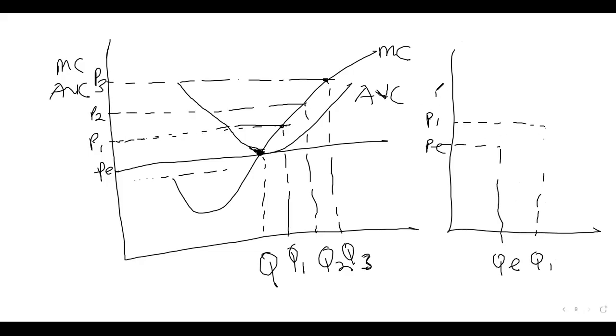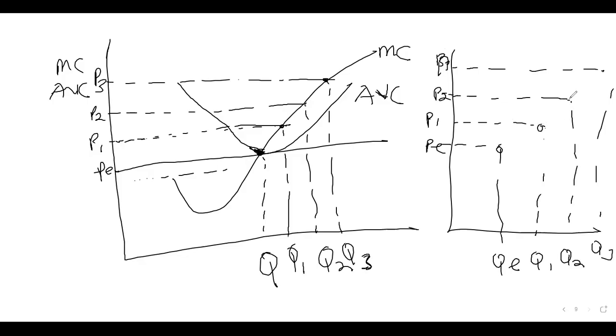At P2, the quantity was Q2. And at P3, the quantity was what? Q3. So if you trace all these equilibrium points, if you draw a line to pass through these equilibrium points, it will turn into what? A supply curve.